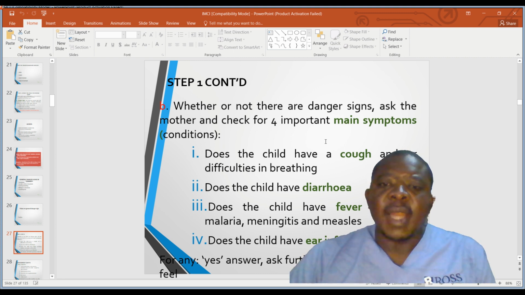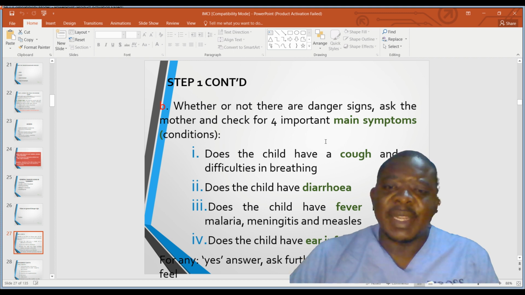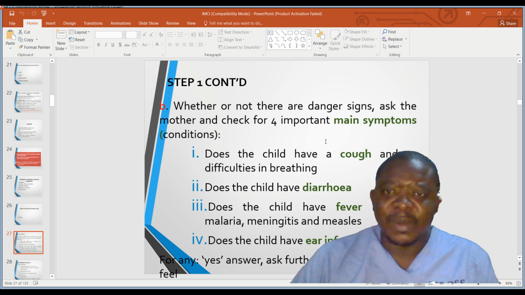So in IMCI, you ask, look, and feel, in that format during assessment. So the four most important main symptoms that you need to rule out for each and every child that comes to the clinic are cough, diarrhea, fever, and also ear infections.